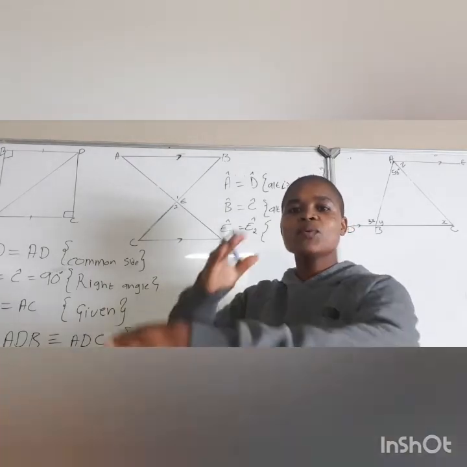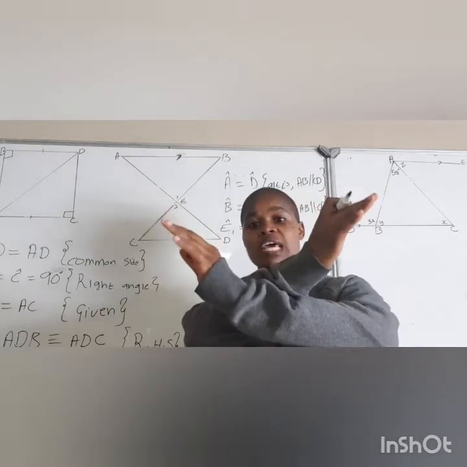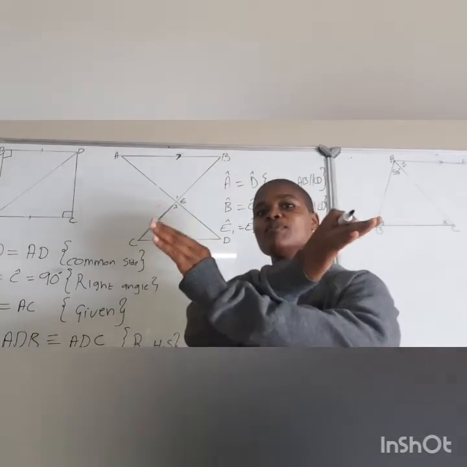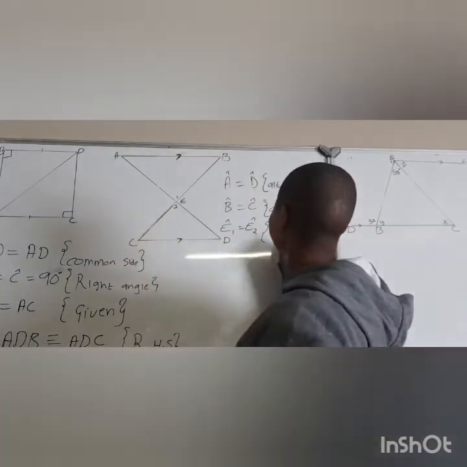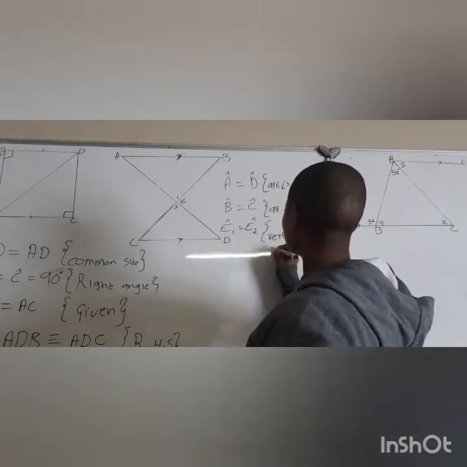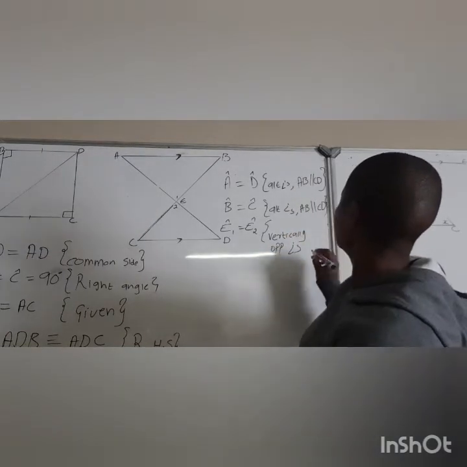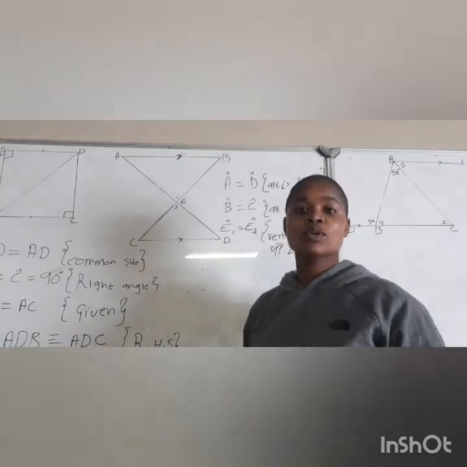Do you remember that when lines are crossed, like they form an X, we have angles on a straight line and we've got vertical opposite. Vertical opposite. Good. Vertically opposite angles. Well done. And therefore, conclude.